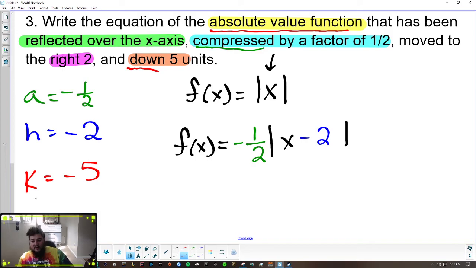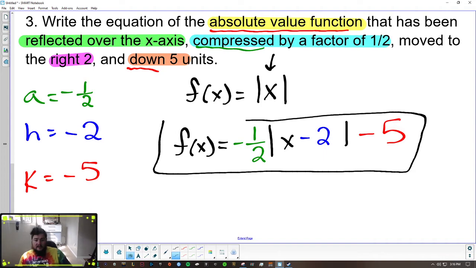And then our k value always gets attached to the very end. So I'm going to do my negative 5 right at the end. And we have written a function that has been compressed by a factor of 1/2. It's been reflected. It's been shifted to the right 2. And it's been shifted down 5.